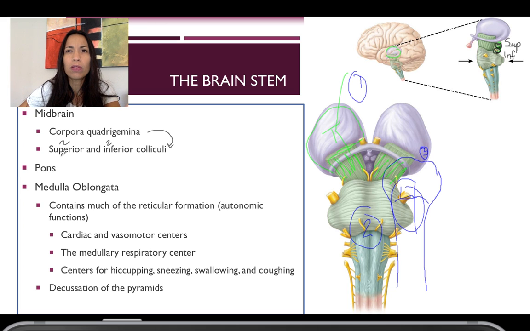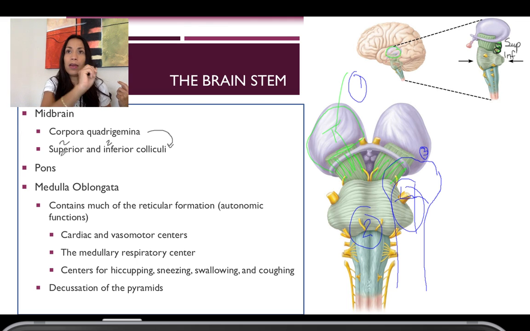The superior colliculi first receives the sensory information. Remember all the elements of a reflex arc, right? So the sensory information is arriving from your eyes, so it's detecting images.